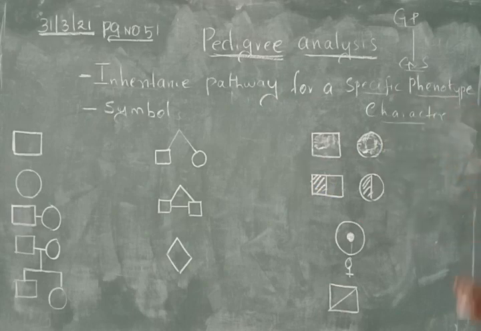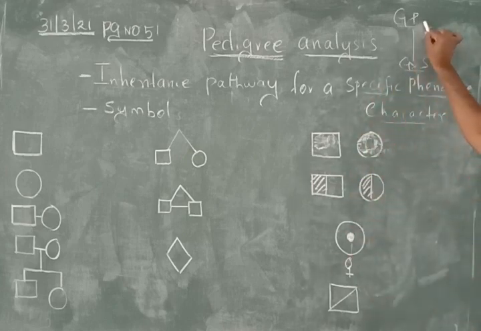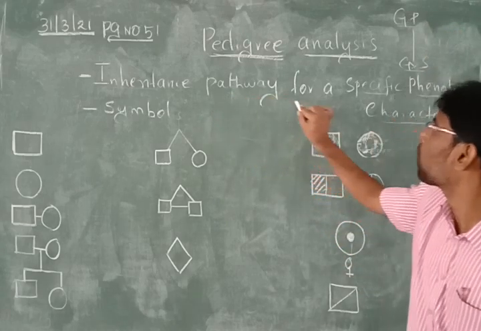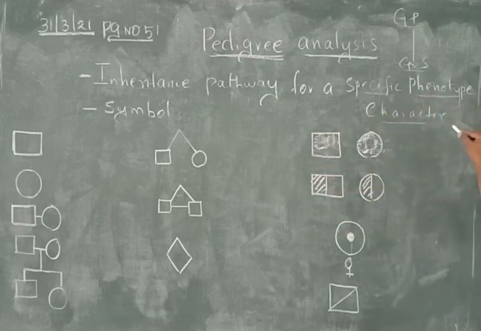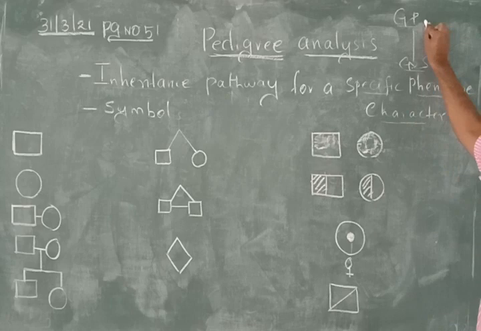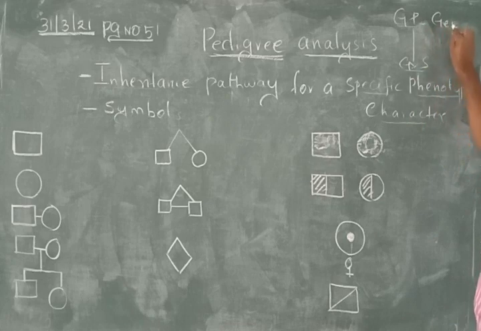What is phenotype? Morphological characters. So a particular morphological character, an external appearance, is being transferred or inherited from your grandfather to the grandson, and that is what inheritance pathway for a specific phenotypic character is. Here, a particular character being passed from your grandparent to grandson is only through the genes.